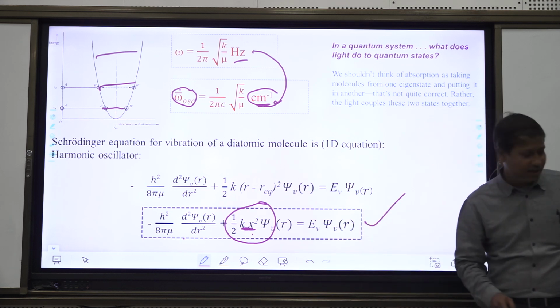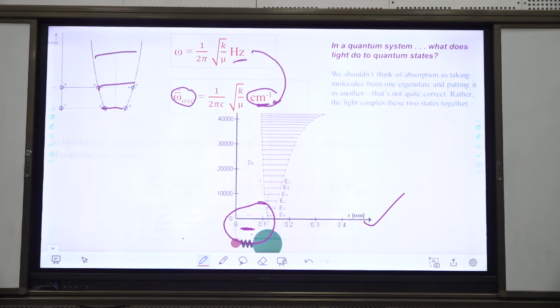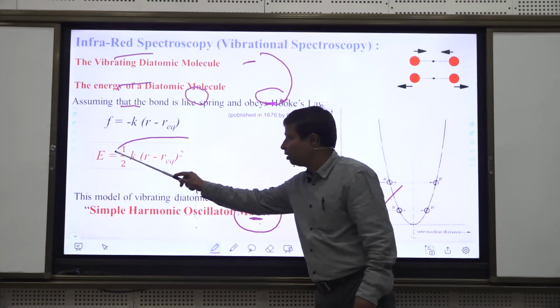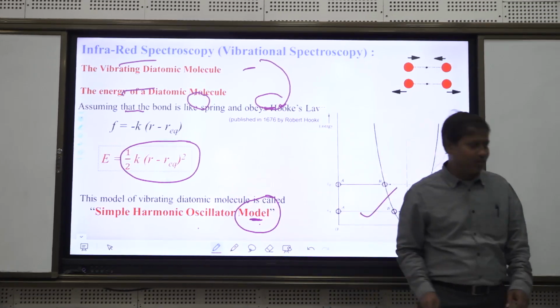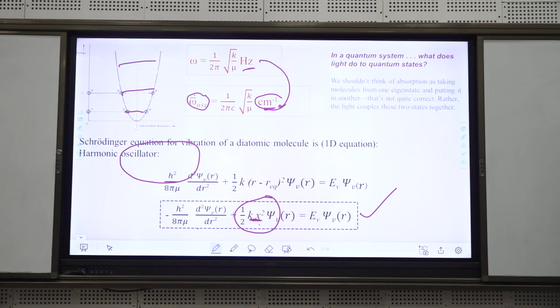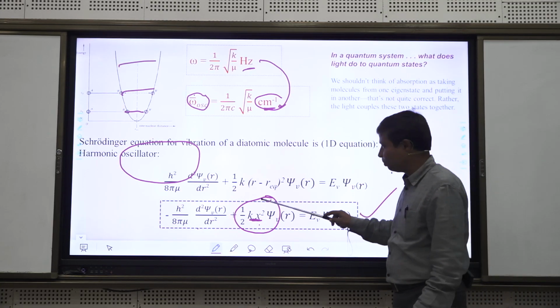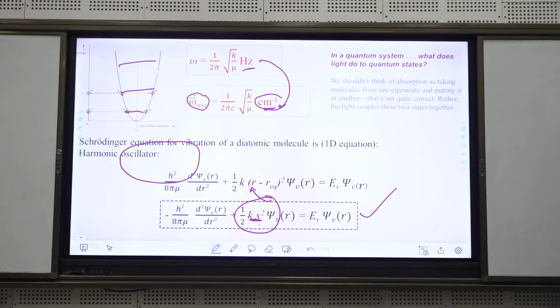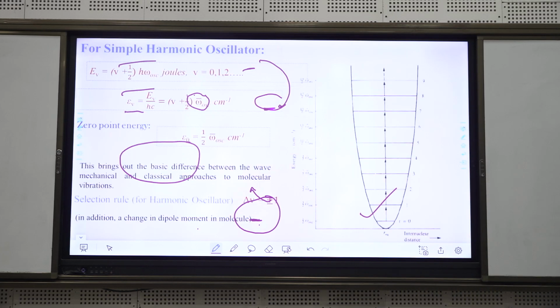In the last slide we saw the potential energy term is this one, so we have to replace it there. Then the solution of the Schrodinger equation gives you the energy levels.